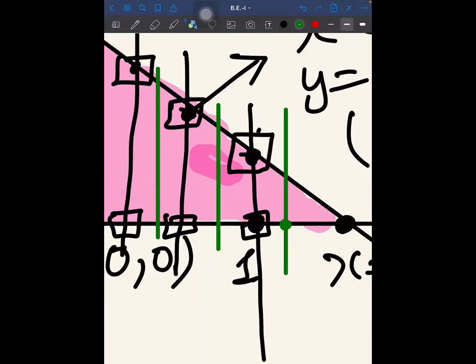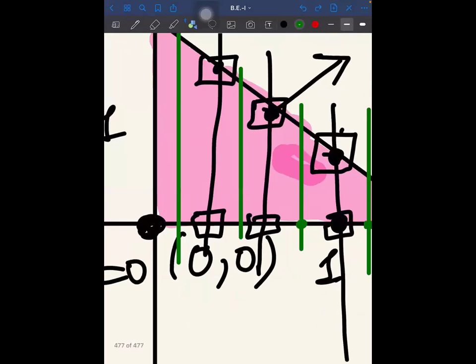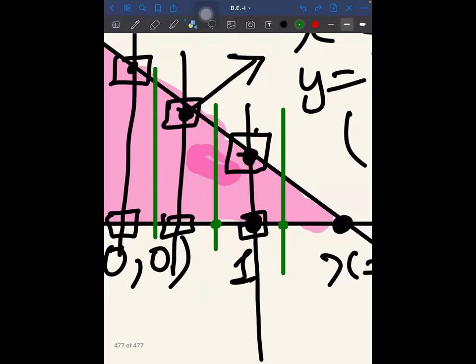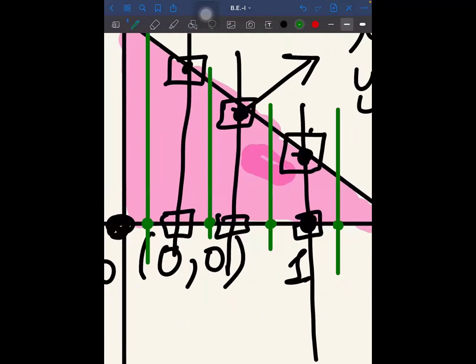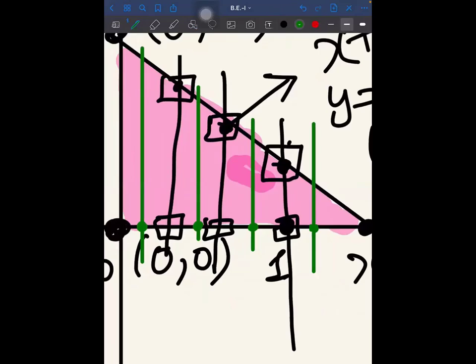From the horizontal line. Yes. So what would be your y in this case? Y is 1 minus x then. No, see the lower limit of y. Tell me the lower limit of y. It is 0, because every time you start from a horizontal line, that means the x-axis.